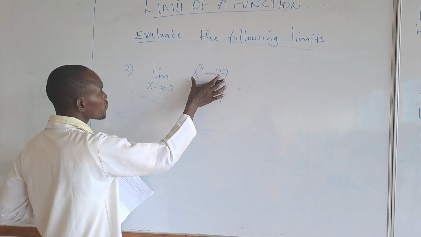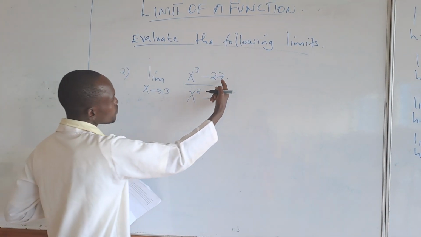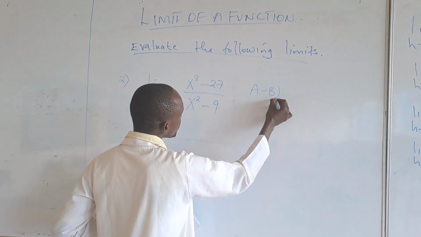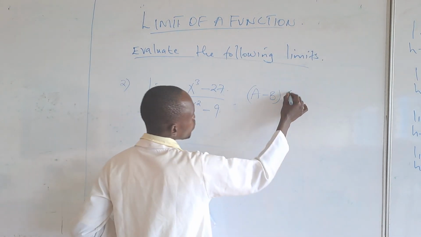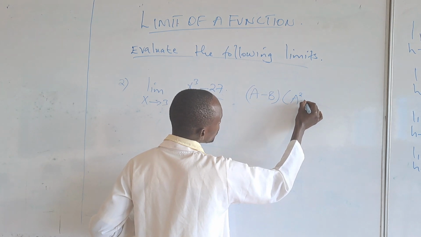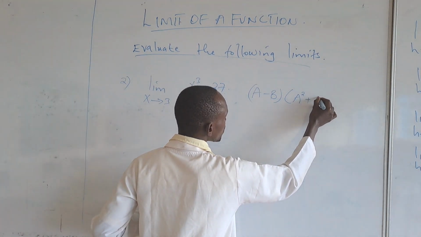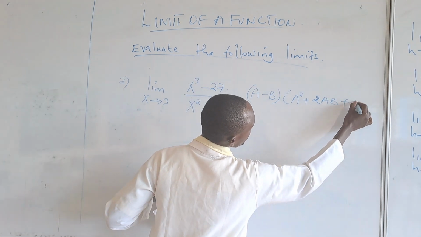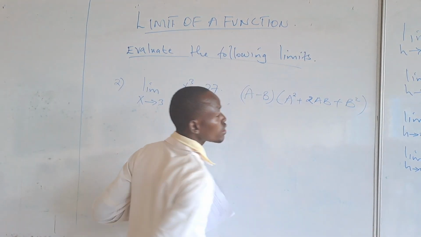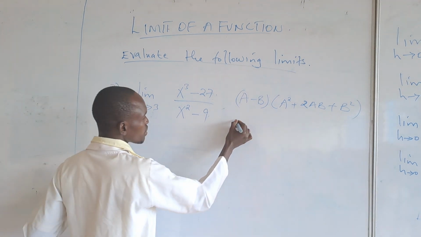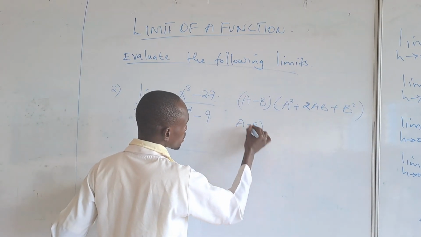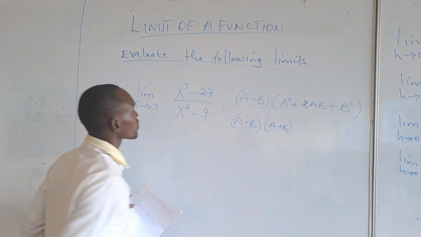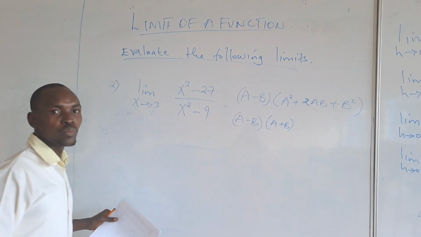Now, we are going to factor this in the form of a minus b into a squared plus ab plus b squared. The denominator will be in the form of a minus b into a plus b. So let's factor out our numerator.